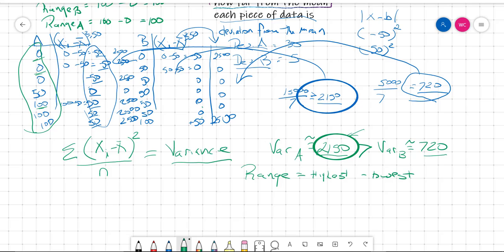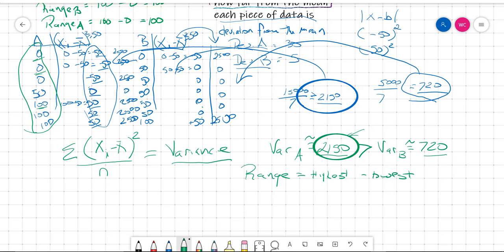Why did it end up being so big? Because we wanted to get rid of the negatives, the cancellation. We chose not to use the absolute value because absolute value was trouble for other reasons. And so we decided to square. And of course, when you square, things get much bigger.